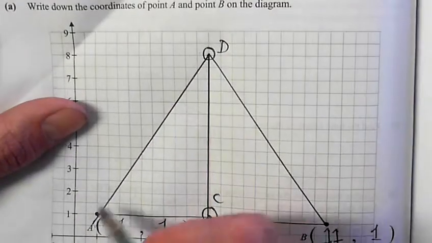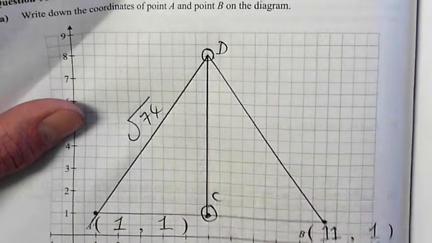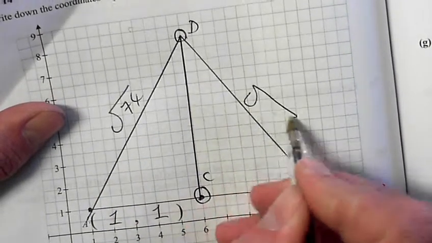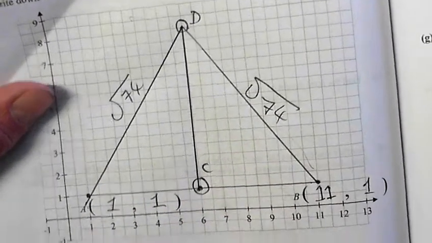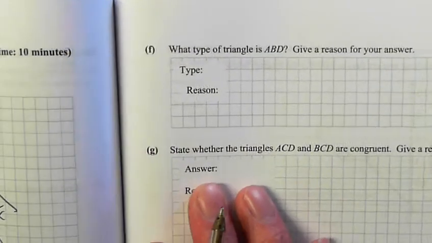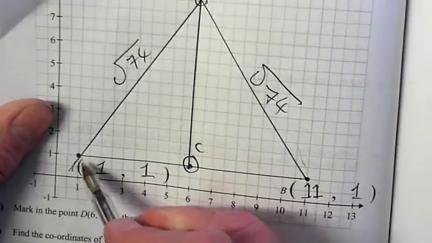So if you look at the diagram above, this is AD and BD. Two lines have the same distance. Next page. What type of triangle is ABD?